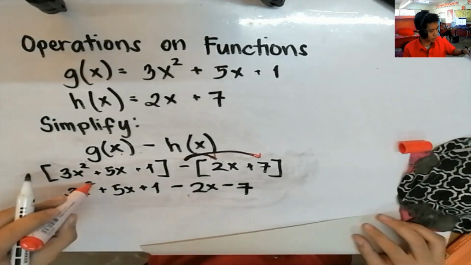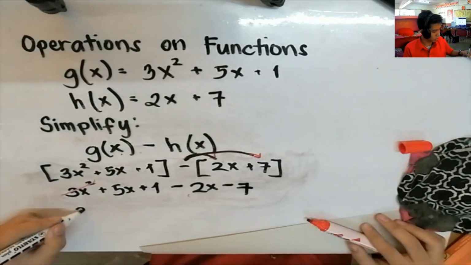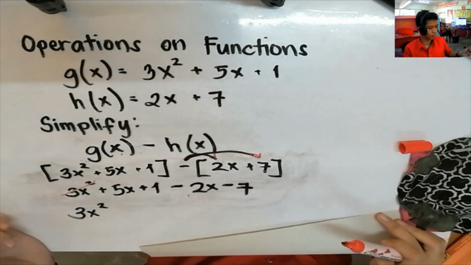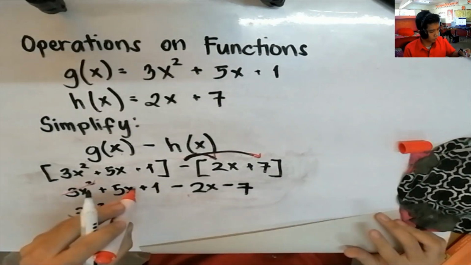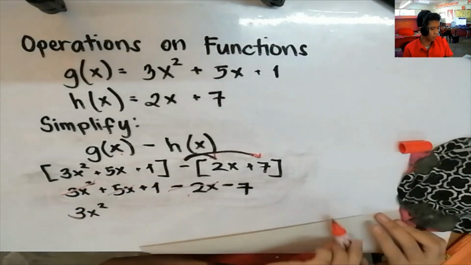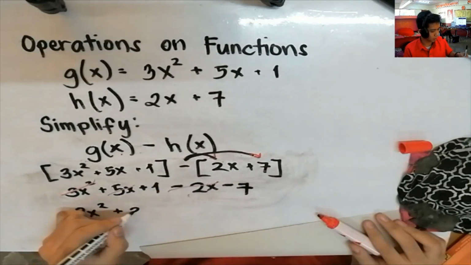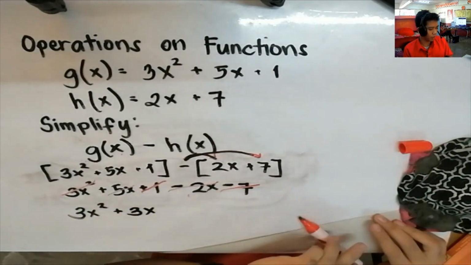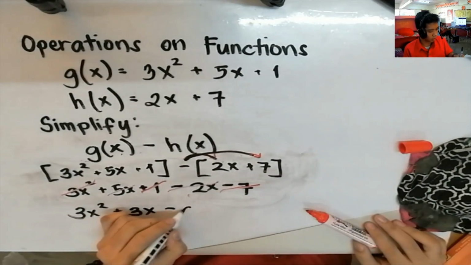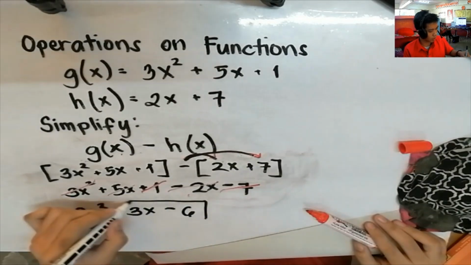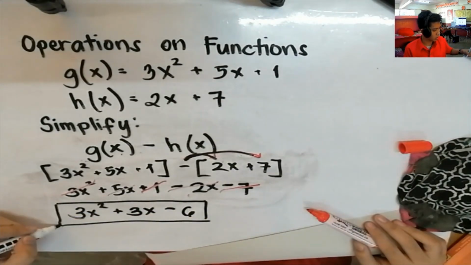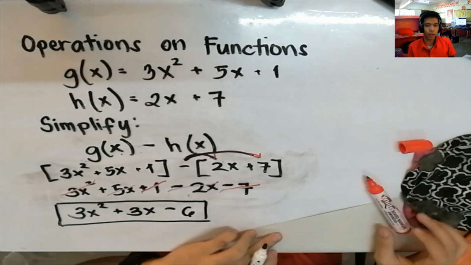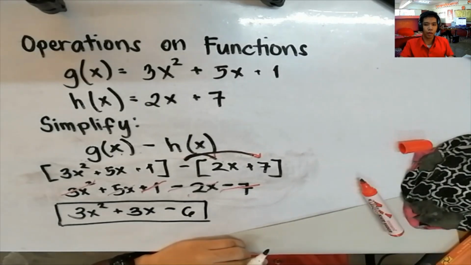Just bring down 3x squared because there is no other similar term. 5x and negative 2x is positive 3x. Positive 1 and minus 7 is negative 6. So this is now the final answer, the simplest form of g of x minus h of x.